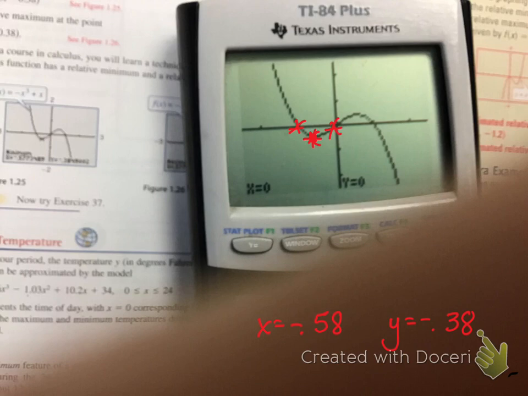Okay, and now we're going to calculate the max. So second calc, maximum. Again, let me erase these. This is our maximum. That looks like the maximum point right there. So when it wants me to be left bound, I need to be to the left of that point.